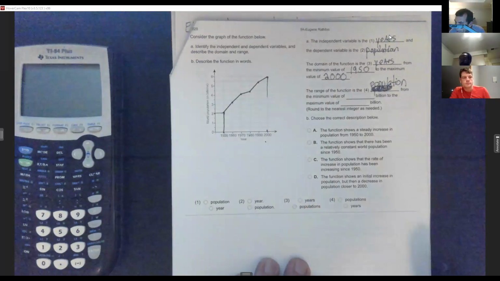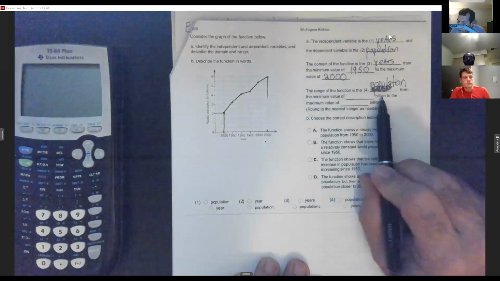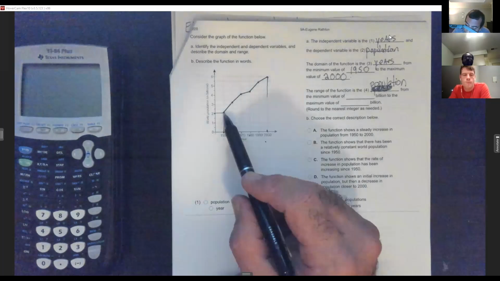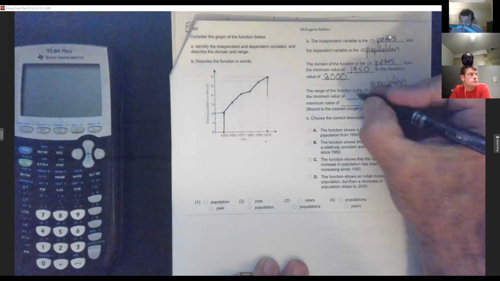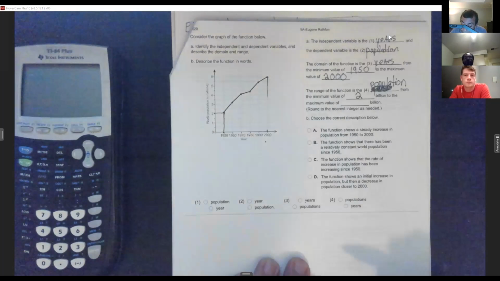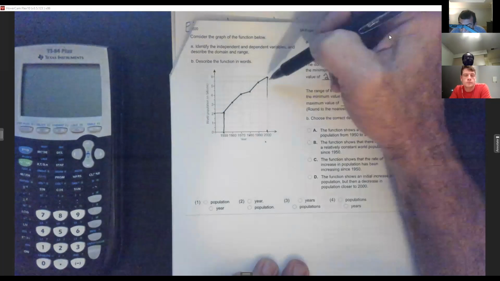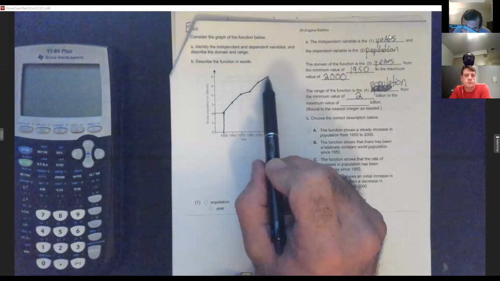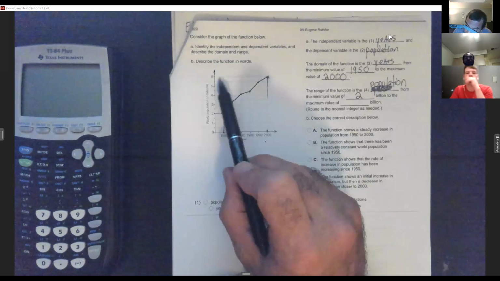They've got the billion here, so all we want to do is put the number. That looks like 2 billion for my minimum. And the maximum is up here at the last point, the highest y value. That one looks pretty close to 6.